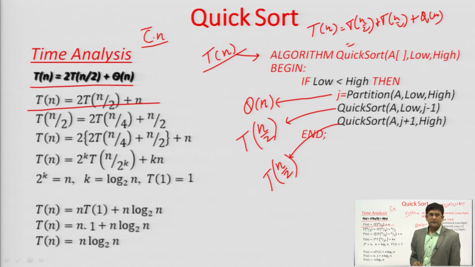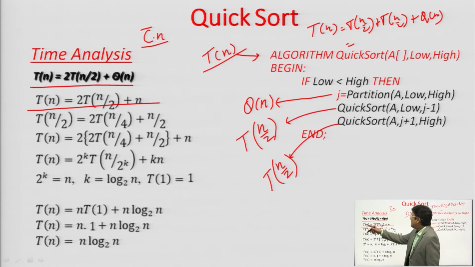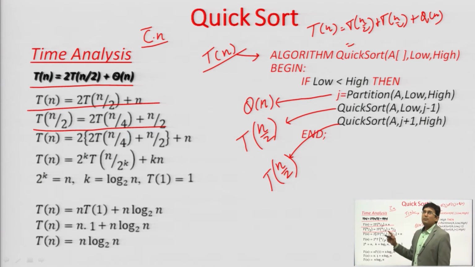plus n. Now, to solve this recurrence, we assume that if T(n) is represented as 2T(n/2) plus n, then T(n/2), when you apply quicksort on an n by 2 size array, will once again be divided into two parts of n by 4 and n by 4 size.